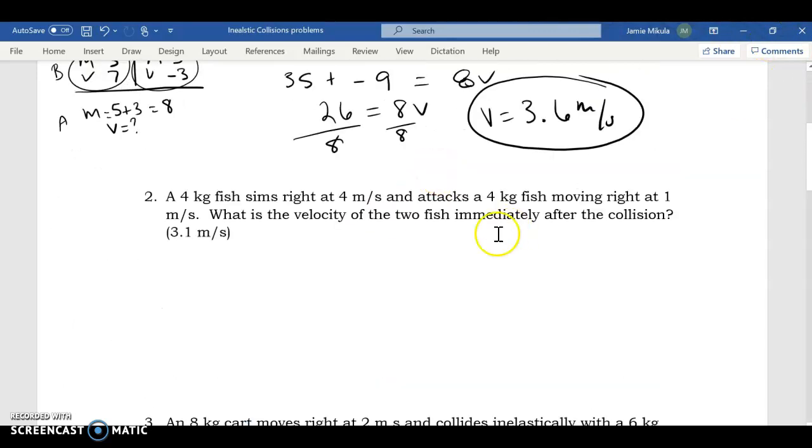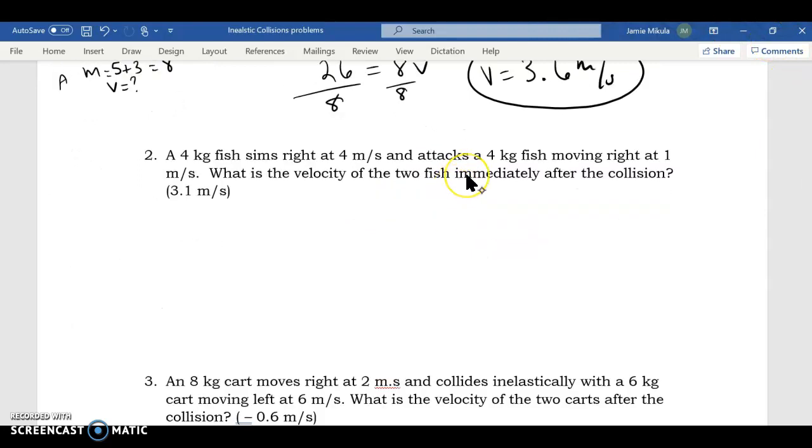Okay, number 2, a 4 kilogram fish. So we have a fish, and let's see, attacks another fish. All right, so the mass of this one is 4. The mass of this one is 4.